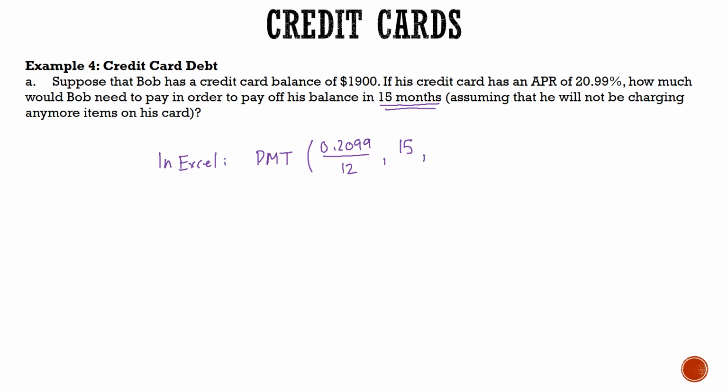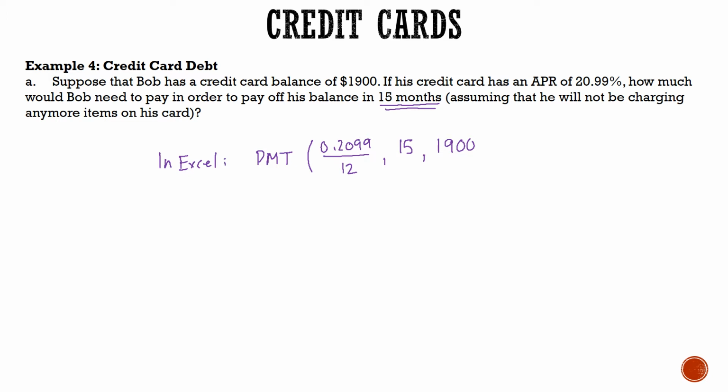And then the last item we need to enter into the payment function is the amount that we borrowed, our principal. So that's the $1,900. Okay, and again, this is going in the location of the present value in the Excel function, not the future value. Future values are what we use when we were finding payments for meeting a goal for savings.